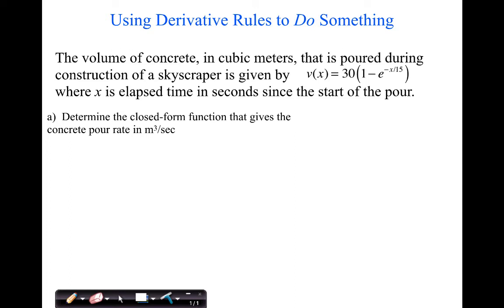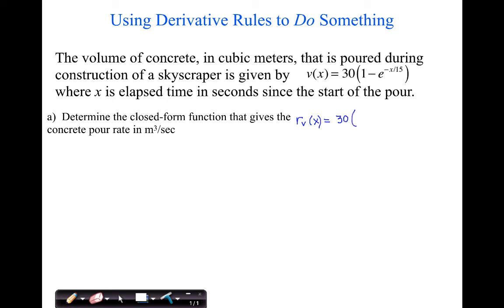So the rate of change of this, r sub v of x or v prime of x, whatever you pick as your favorite notation, dV of x dx. I want to know the derivative of this. So I've got a coefficient of 30, and then I've got this expression in parentheses. So this is just a constant multiple.